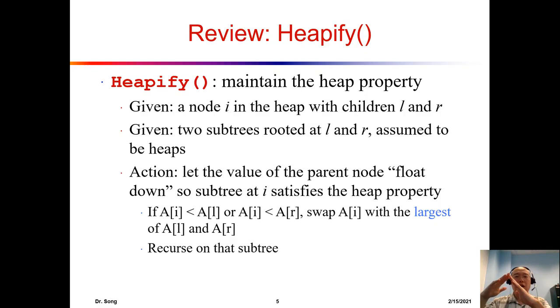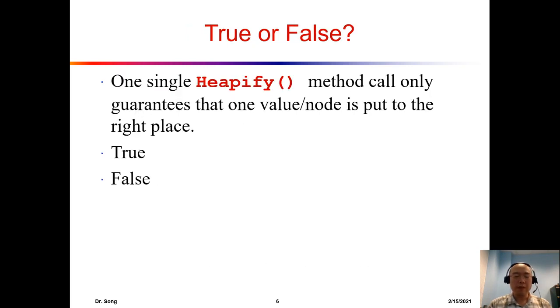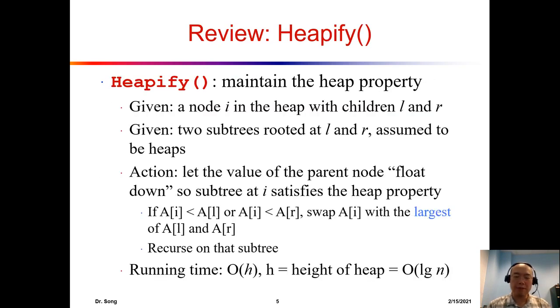We do the recursive calls until we pull one node down and down and down, and eventually we pull it down to a leaf, or it's not a leaf, but for the new location, the new children are both smaller than or equal to the parent. Then we say, okay, we pulled you down from here to here, and finally you are at the right location, right? Okay, and for heapify, remember the running time will be O(log n).